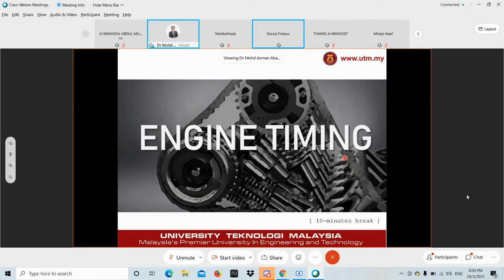Yes, because in the SI engine, if you want to produce more power, more torque, the only way to do it is by having more air go into the cylinder for the combustion.